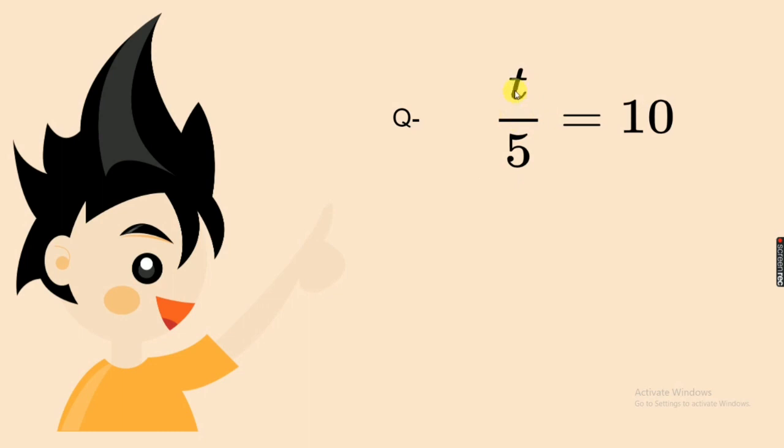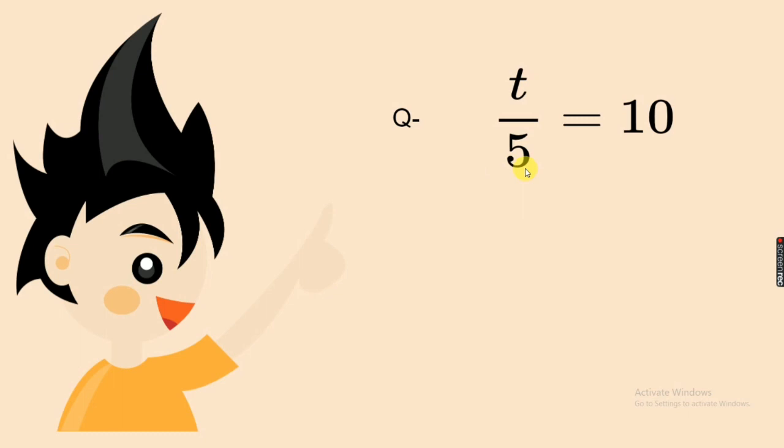Here is one more rule, that when anything is divided with the variable or anything is divided with the constant term, when we shift it to the other side, it would be changed into the multiplication.